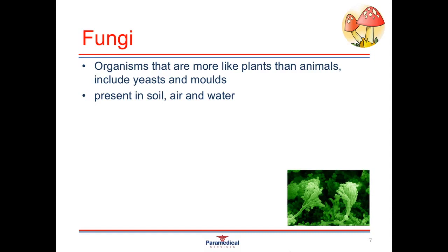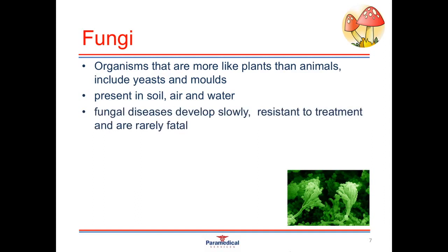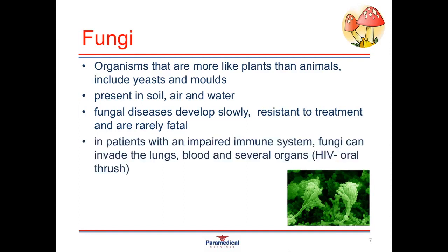But when they do come into contact with a human or an animal host, they're a pathogen that causes a very slow development of a disease. They're usually more mildly irritating compared to being fatal. The only cases where fungi can cause more severe effects is in patients that have very low or impaired immune systems.